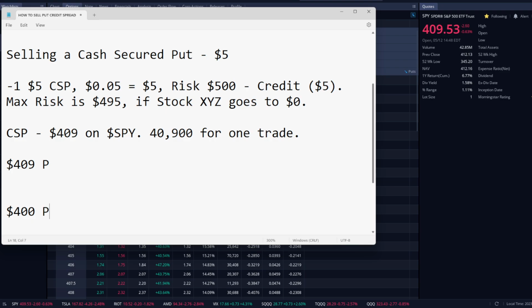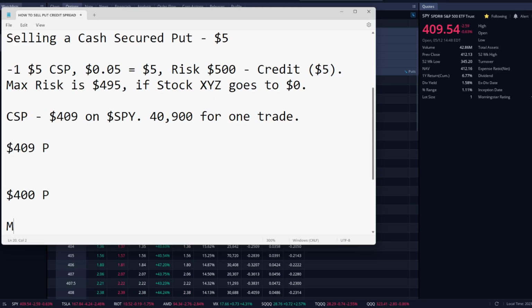The difference between those strikes is $9, times the hundred, so $900. Right off the top, our max risk is $900 if the spread plays out exactly.